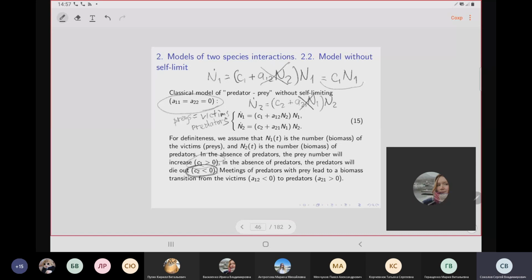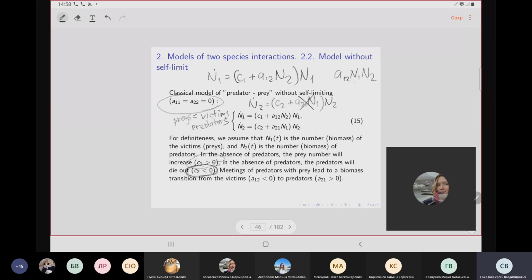And finally, we have coefficients A12 and A21. They reflect the interspecific interaction. What do A12 and A21 mean?